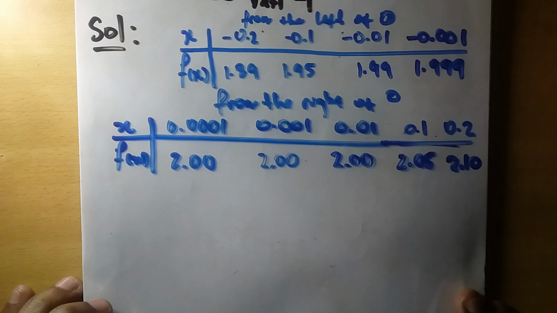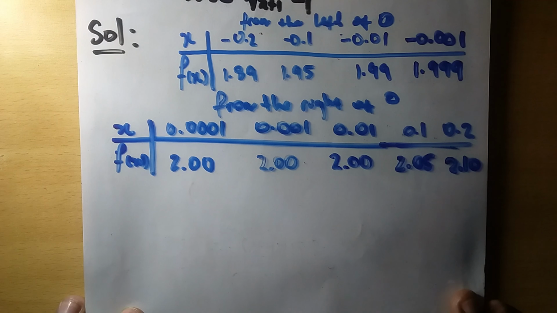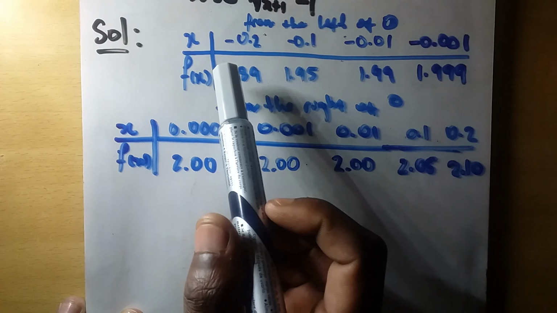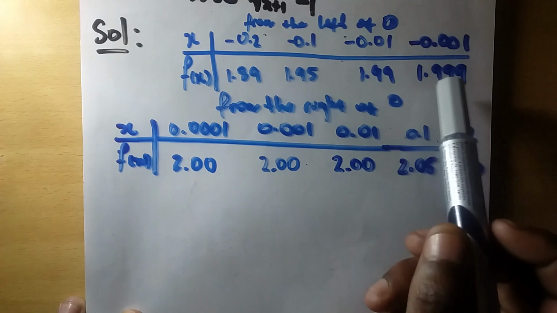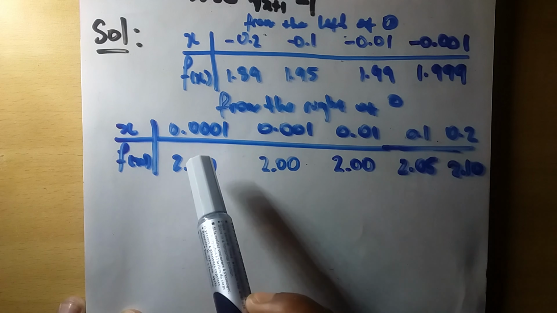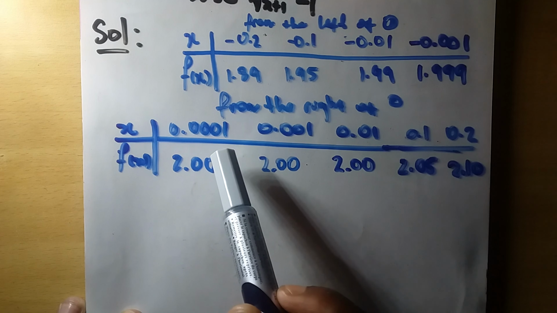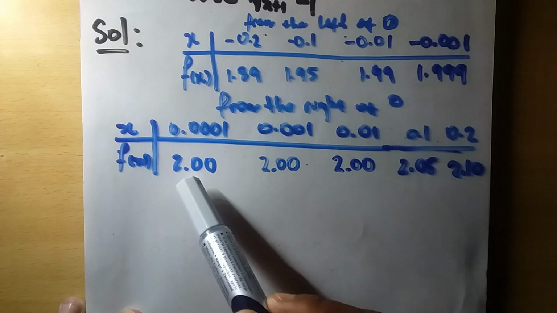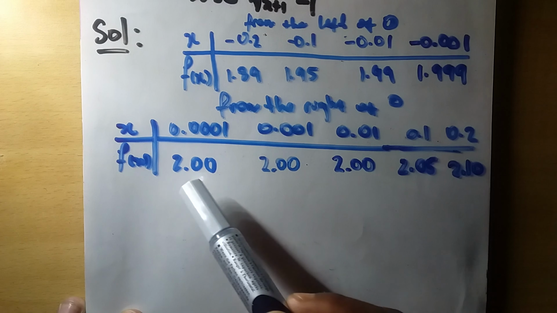Now look at this, guys. When the values of x are approaching 0 from the left, the values of y are approaching 2. When the values of x approach 0 from the right, the values of y are approaching 2 as well.